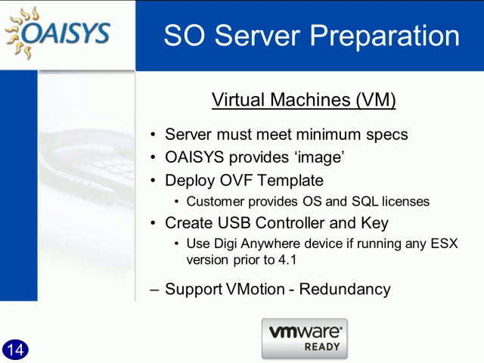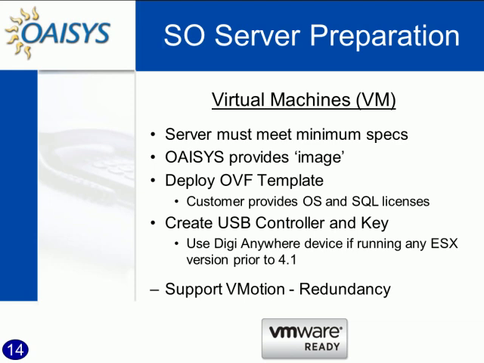Once that's done, you create a USB controller in that VM partition, which will allow us to connect and get all of the license information that we need in order to continue having that server run as necessary. If we're not running a current enough VM version, you can also use a Digi AnywhereUSB device, and we'll ship you a physical dongle that you'll connect, dedicating a port through VM, a little USB port, where we can read our license information and allow you to continue to record calls.